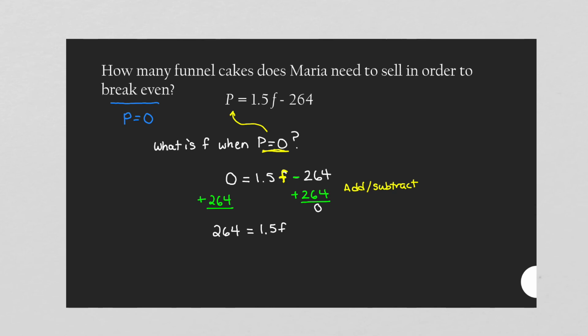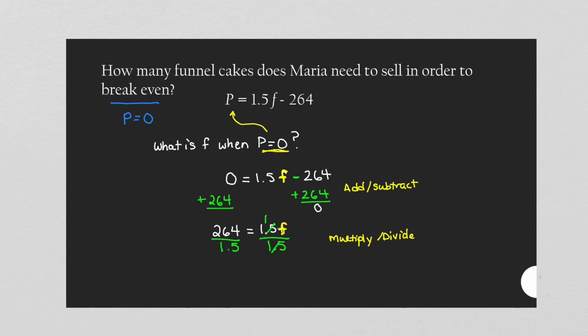That next step now is, here we have F again, and we're trying to isolate F. It's being multiplied by 1.5, so we have to do the multiplication-division principle. In this specific case, we want to divide. 1.5 is being multiplied times F, and in order to undo multiplication, we're going to do division. So we're going to divide both the left side and the right side of that equation by 1.5.